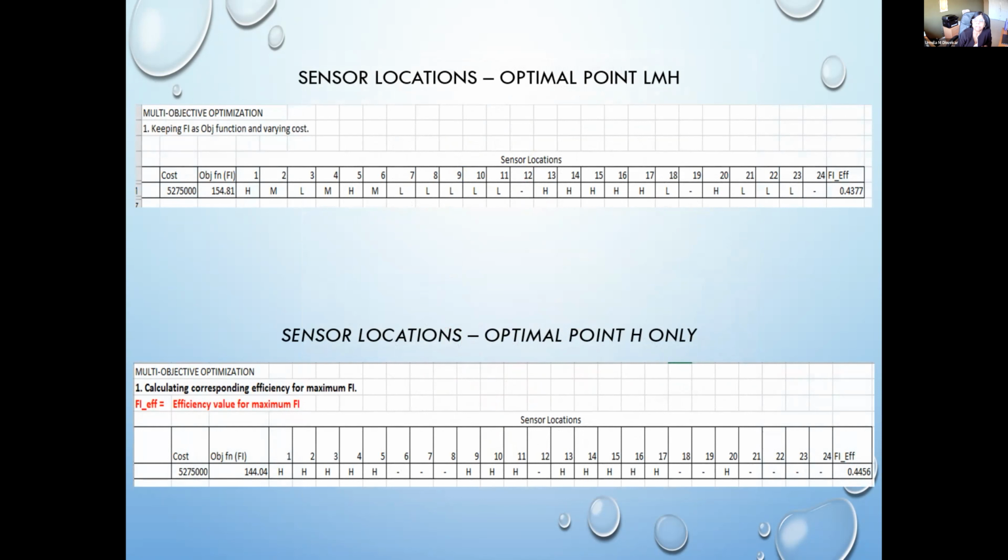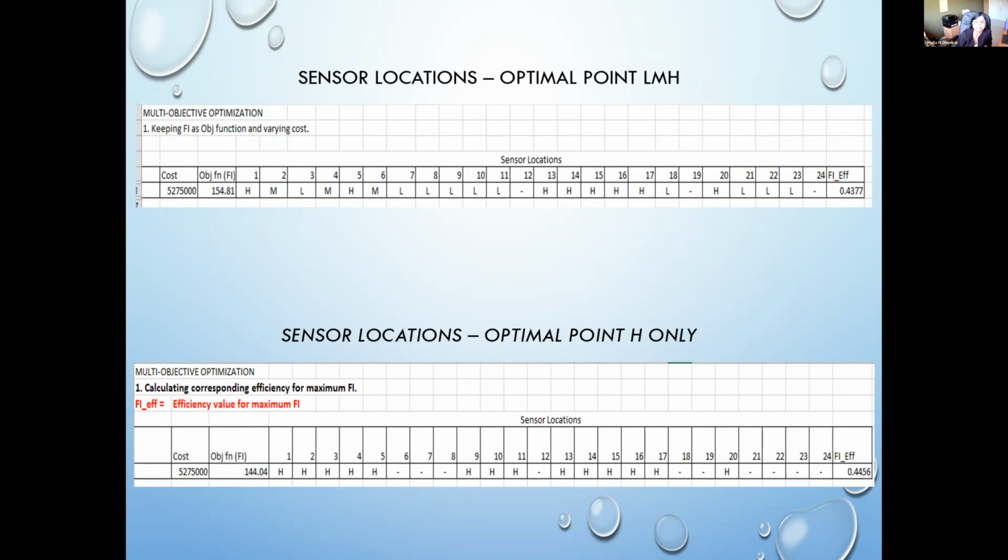One is if I consider a combination of low cost, medium cost, and high cost sensors, the cost, if I am right, is 5.275 million. And essentially efficiency was 43%, which is high efficiency.